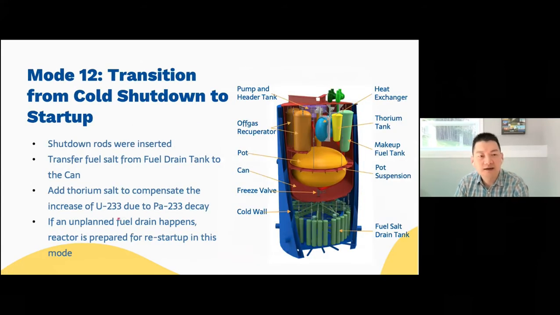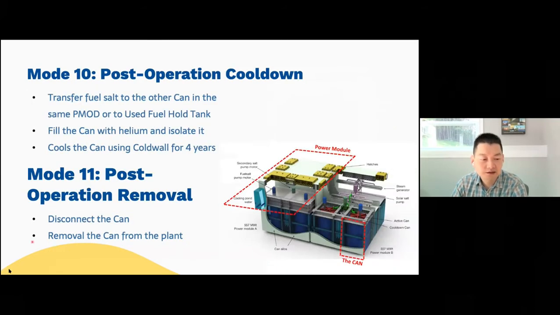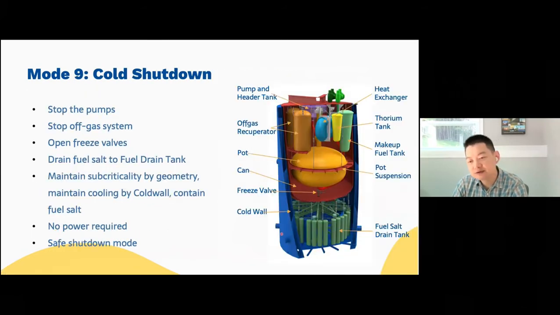So now what is mode 12 here? Remember, in the last mode, the salt is in the fuel drain tank. But now we're saying, okay, what if we want to reuse the fuel salt in the same can?